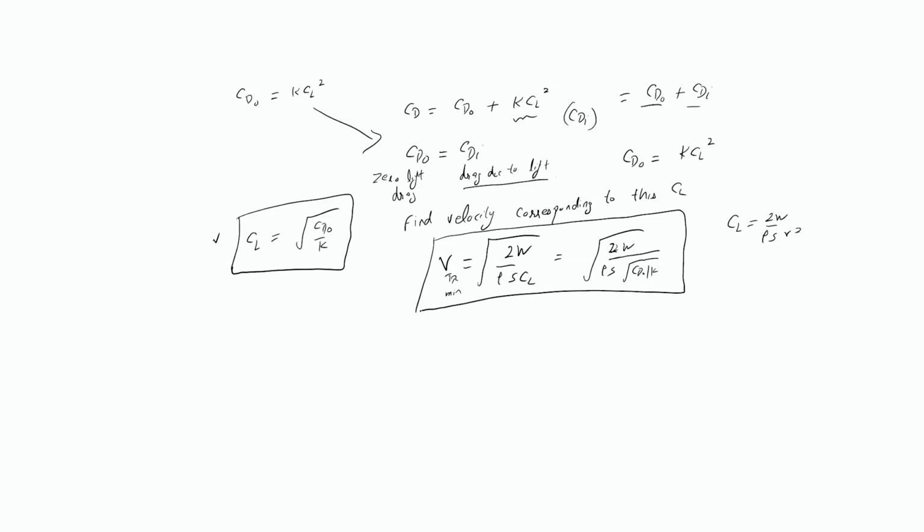So now we are able to tell the pilot that to fly at minimum thrust required, please fly at this velocity. Now we'll be doing an example and we'll also be simulating in MATLAB.